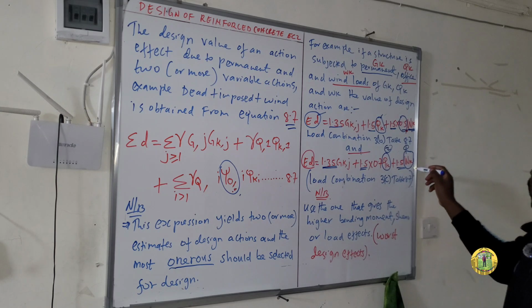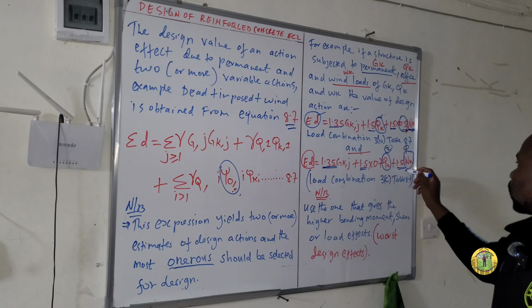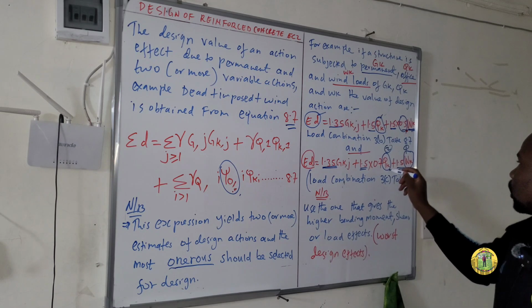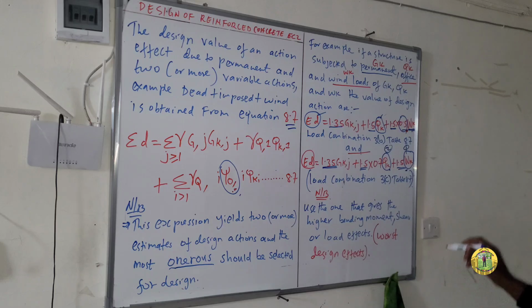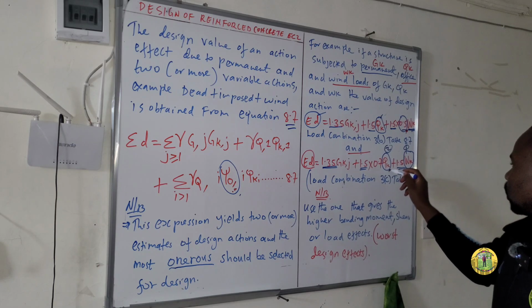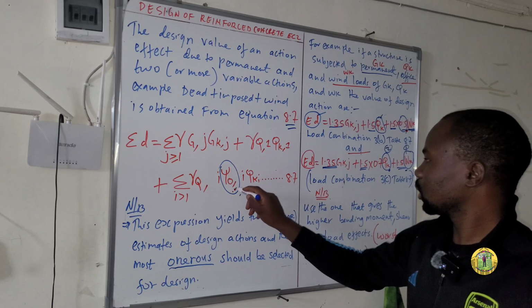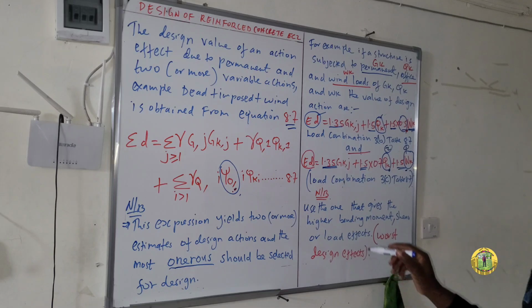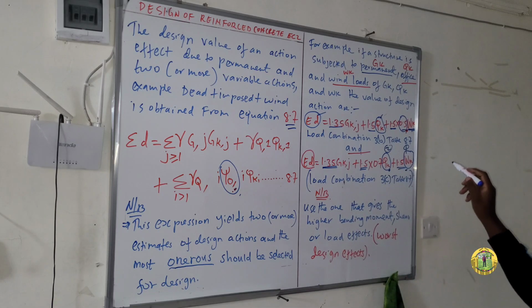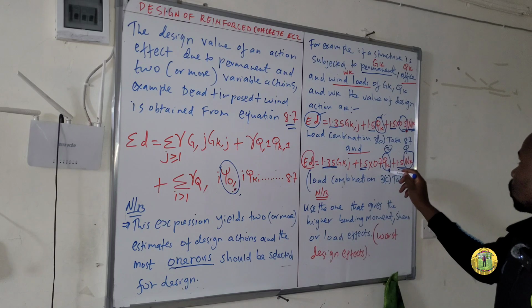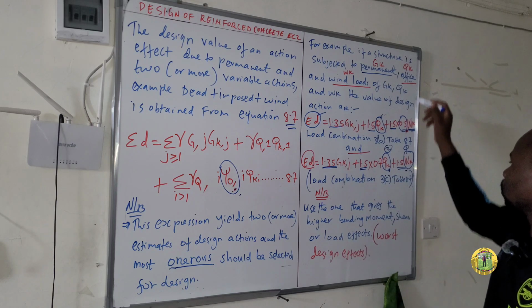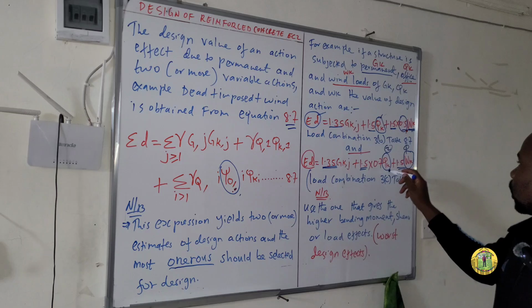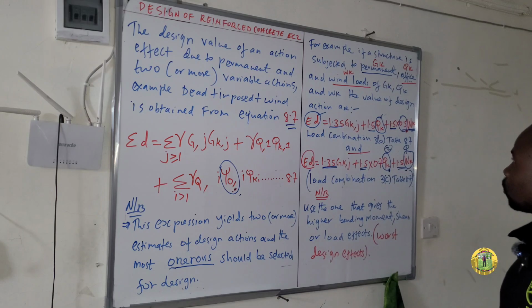The WK will be the first to reach the maximum, and then this will be the last, or the second. So we will multiply the second one, the accompanying variable, by the combination value. Again, we'll proceed to table 8.8 and obtain the value for imposed load. Remember, the imposed load is office. So we proceed and check the value here for the imposed load, which is office. Again, I'll show you the table.